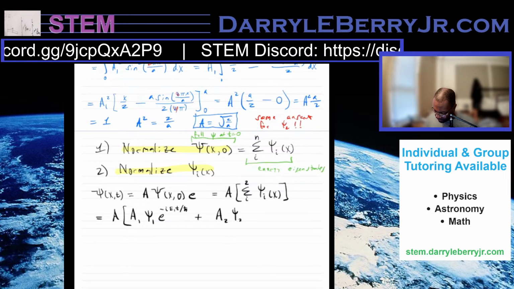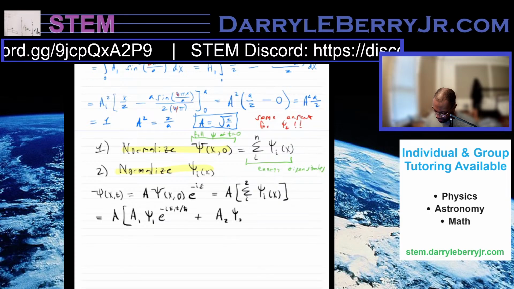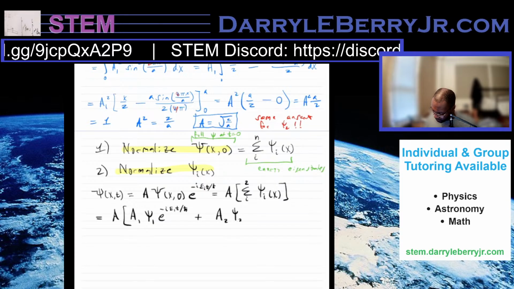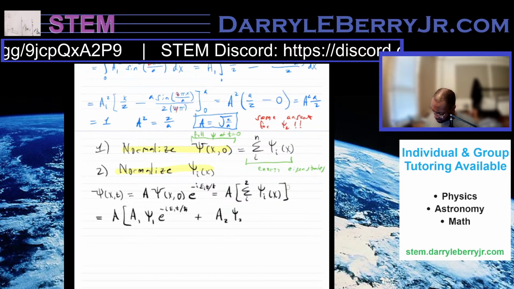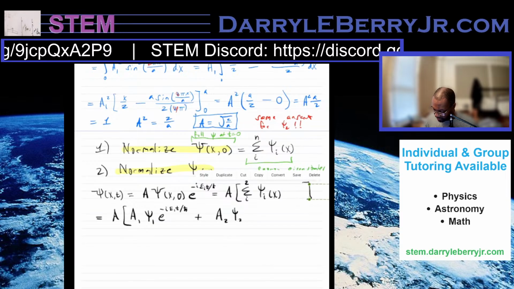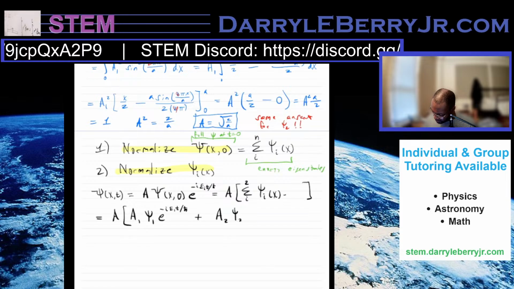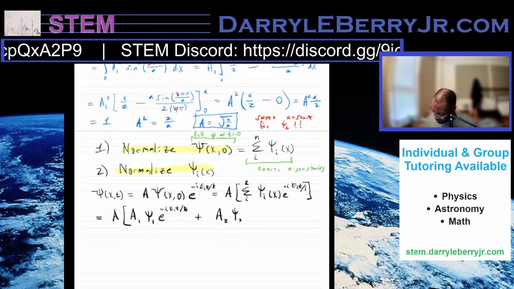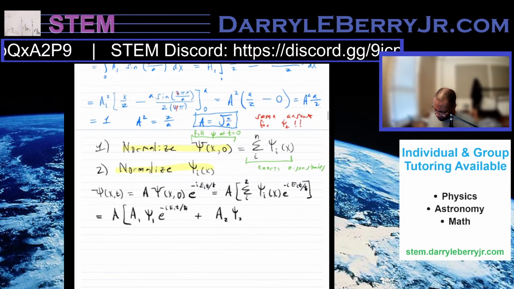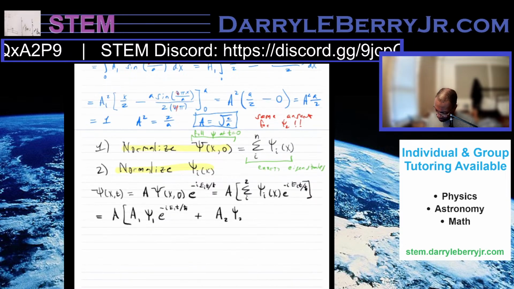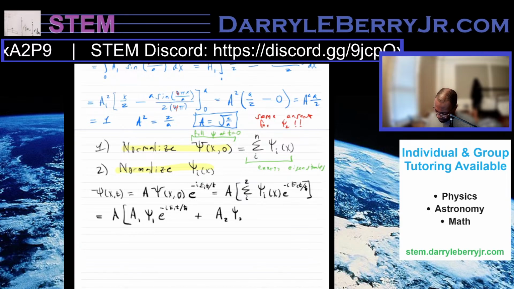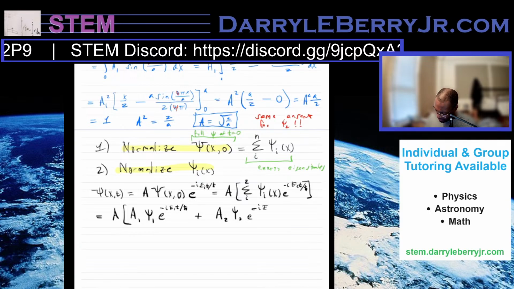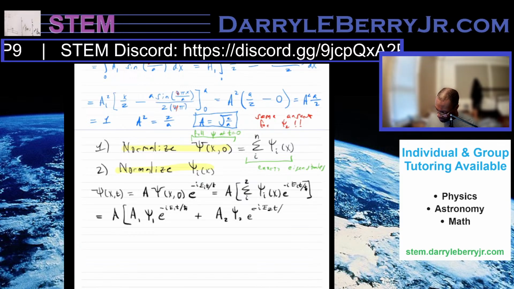It's e to the negative i E_i t over h bar, and this would also be summed up. So this would be A1, A2, and e to the negative i E2 t over h bar.